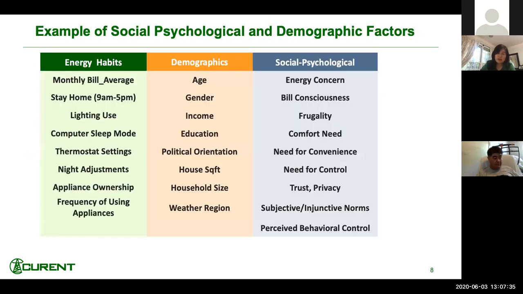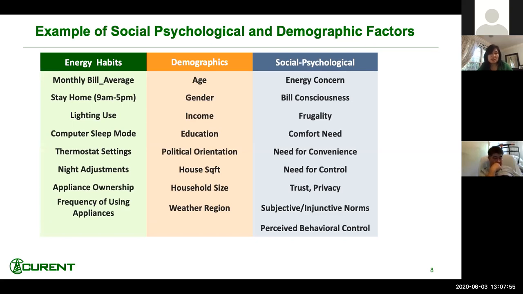There are three big blocks of analysis in my research. One is energy habits. Do you have the habit of turning off the lights? Or do you just leave lights on, or you don't even care about your monthly bill? That is daily habits.